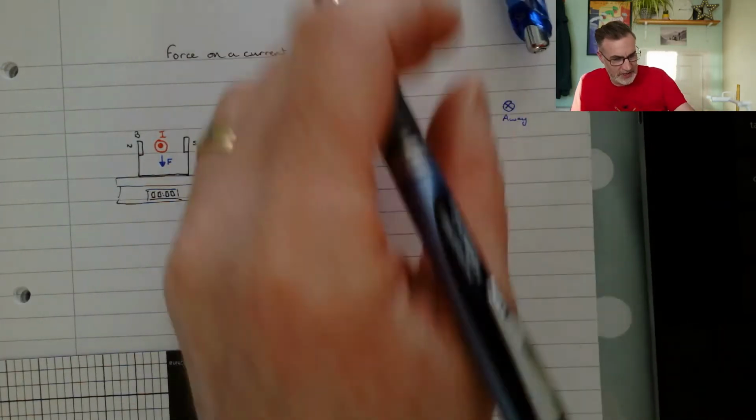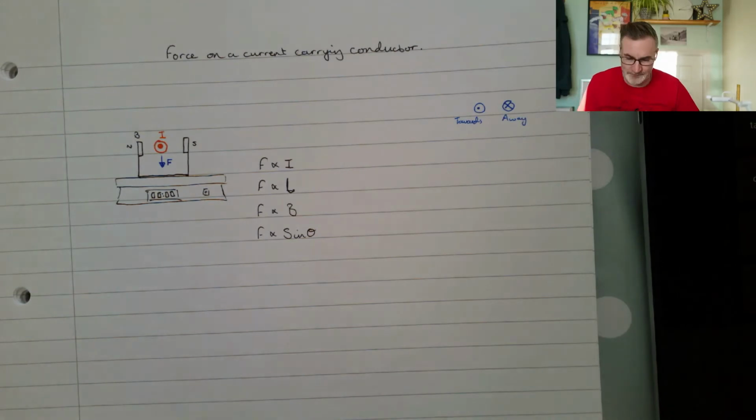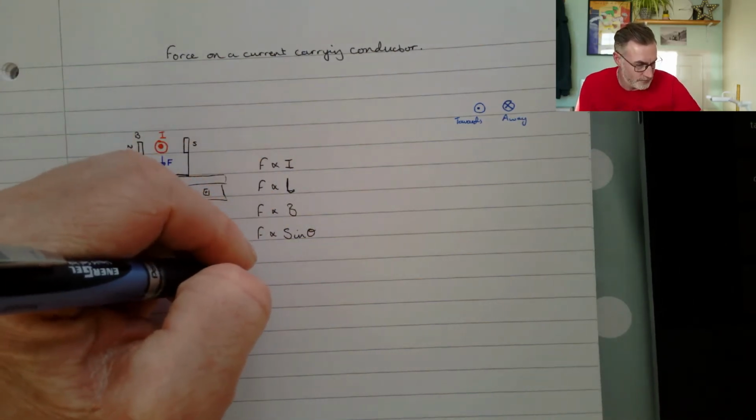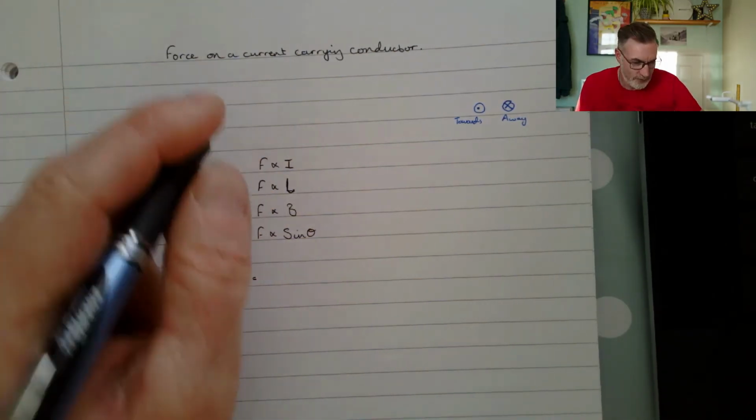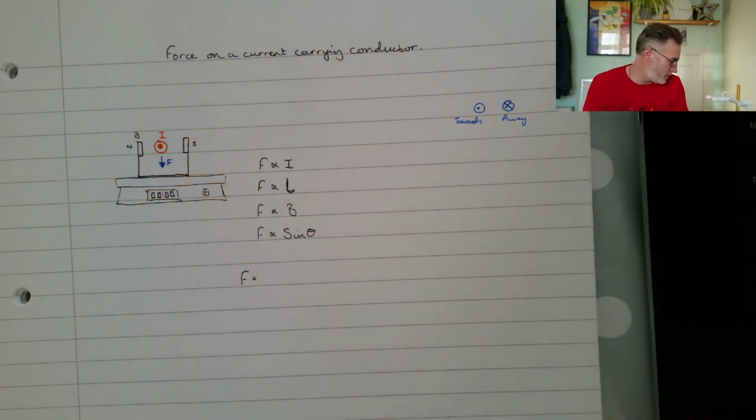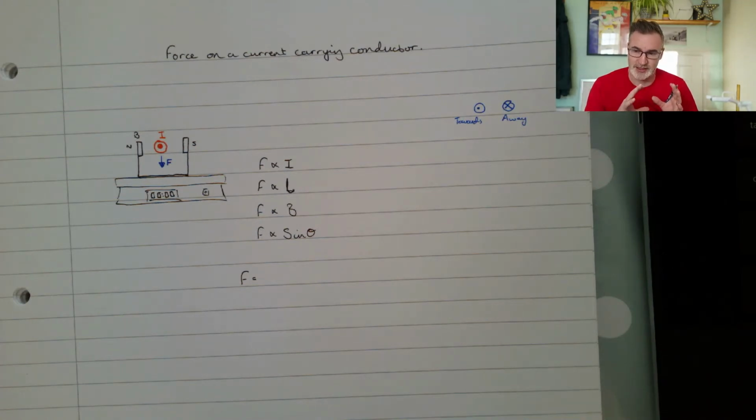Putting all of this together, we get our formula. F is equal to, now in the notes it's written as BIL sine theta, which is just how I remember the formula. I'll need to probably go back and change that because that's not how it is in the learning intentions.